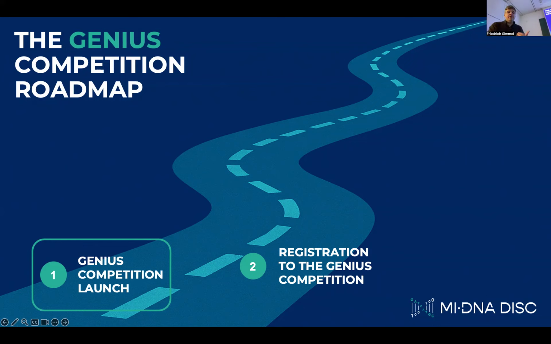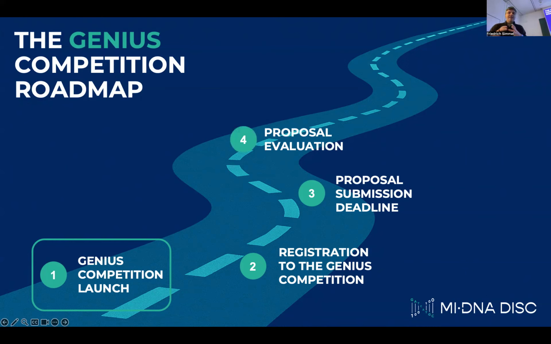First of all, there will be a registration part of the competition. The registration will be from tomorrow until the end of the year. Then there will be a proposal submission. The proposals will be reviewed by people in the consortium, with an evaluation following exactly how the European Commission reviews proposals. They describe three key criteria: impact, feasibility, and credibility of your idea.